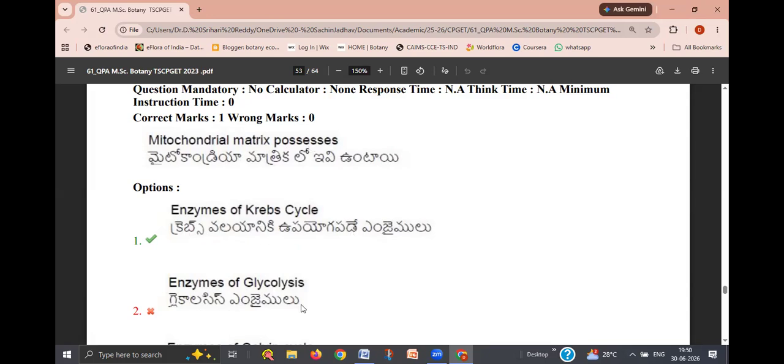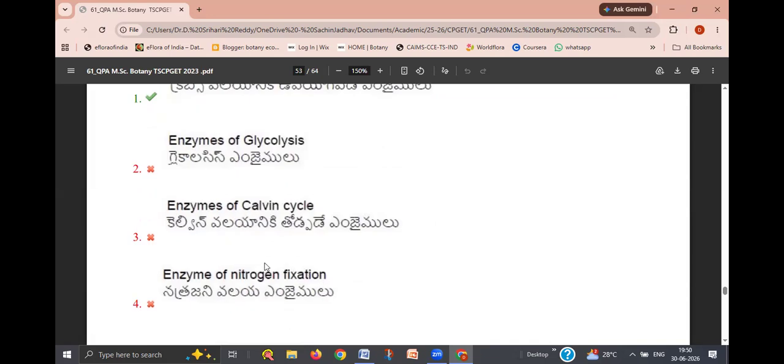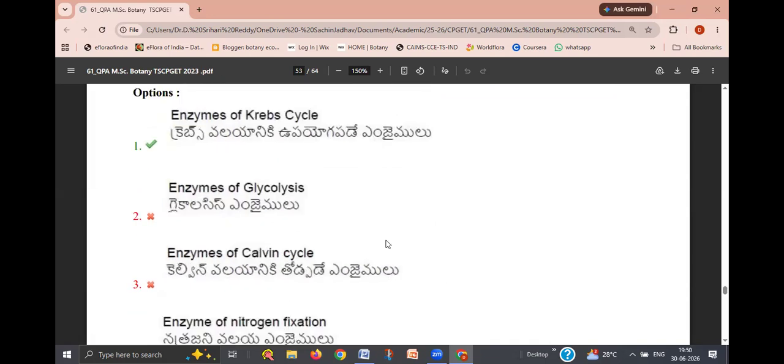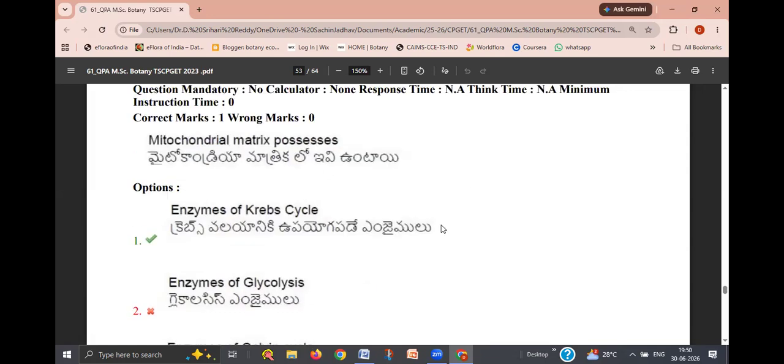Enzymes of glycolysis are present in the cytoplasm or cytosol of the cell, not in the mitochondria. Enzymes of the Calvin cycle are present in the chloroplast and are not related to mitochondria, because the Calvin cycle is part of photosynthesis. Enzymes of nitrogen fixation also are not related to mitochondria. So the right answer is enzymes of the Krebs cycle. They are present in the mitochondrial matrix.